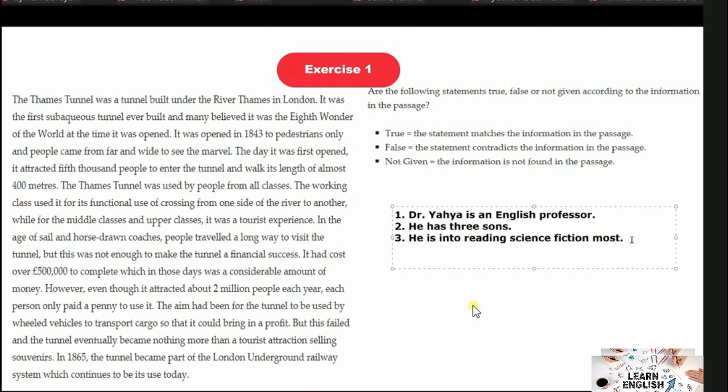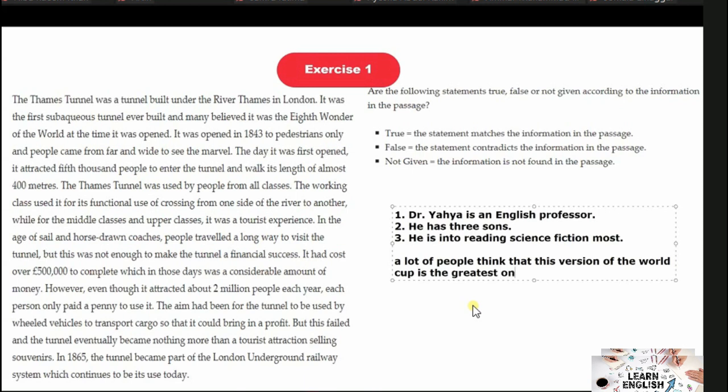And a lot of people think that this version of the World Cup is the greatest one.